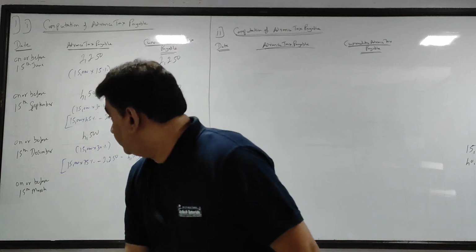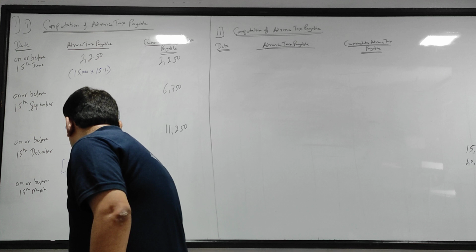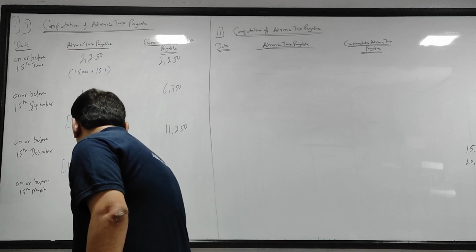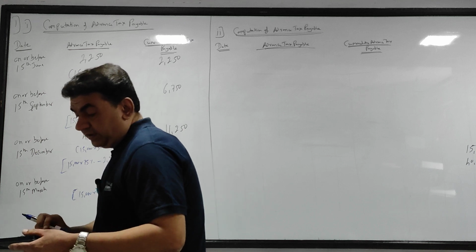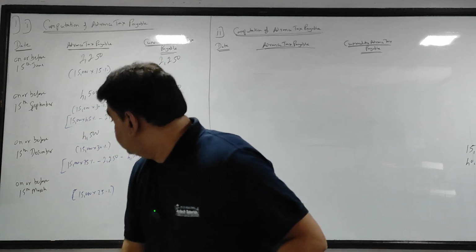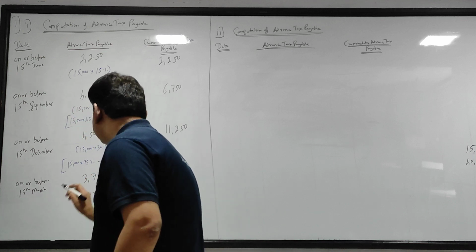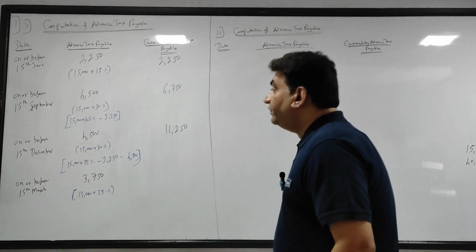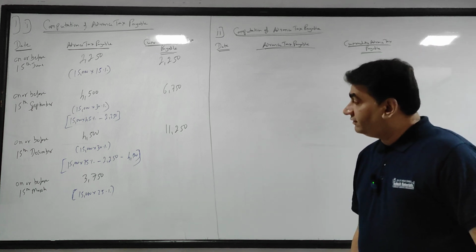So what you will do? Put a bracket. 25% of 15,000, that is 3750. 25% of 15,000 is 3750.